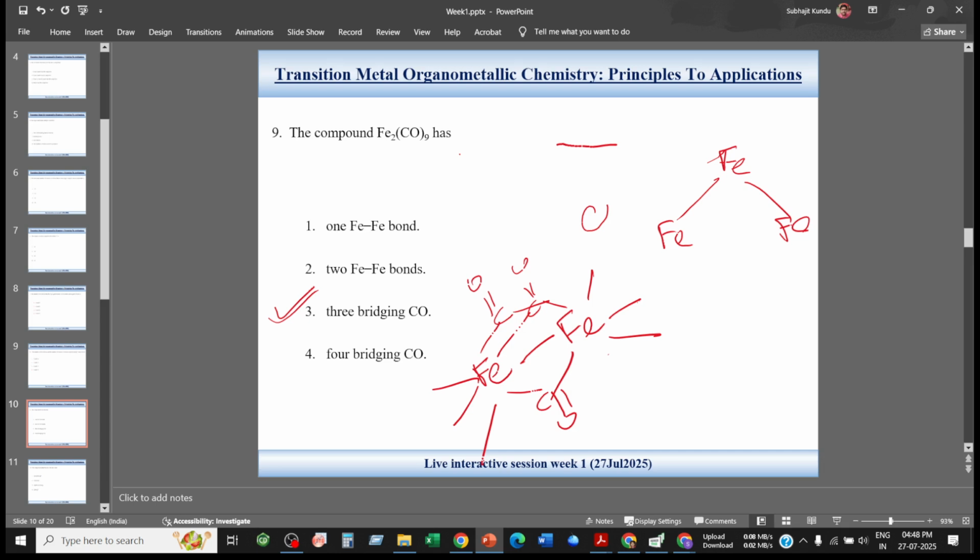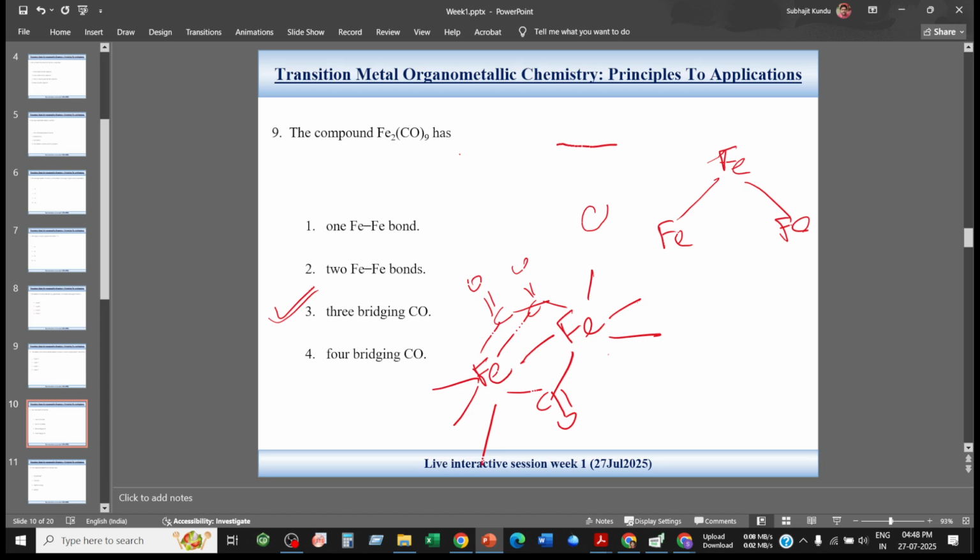So by running the IR you can say, but it also depends on the symmetry of the complexes. As we move further, we will see that when the symmetry breaks down for a complex, the number of stretching frequencies also increases. For three bridging carbonyls in these complexes, as I draw the structure, the three bridges are equivalent.